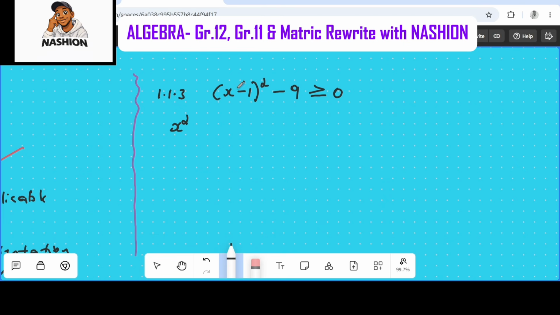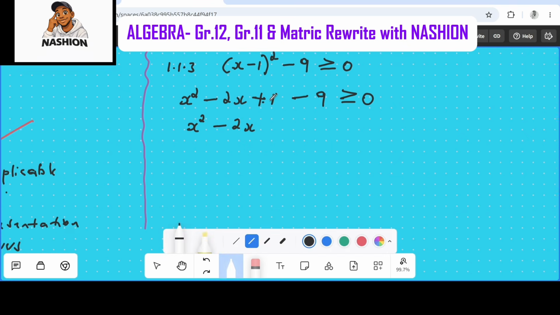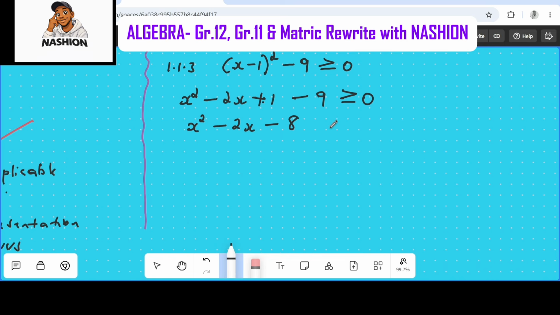Then we multiply everything we see. 2 times x times negative 1, that's negative 2x. Then we square the negative 1, which will be positive 1. Not forgetting minus 9, greater or equal to 0. This is not yet standard form until we add the like terms. So x squared minus 2x, 1 minus 9, negative 8, greater or equal to 0. This is now in standard form.